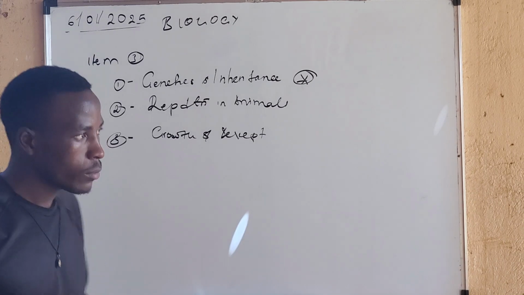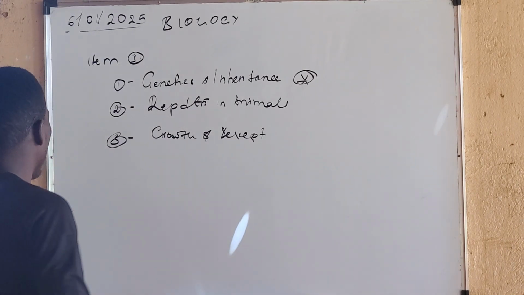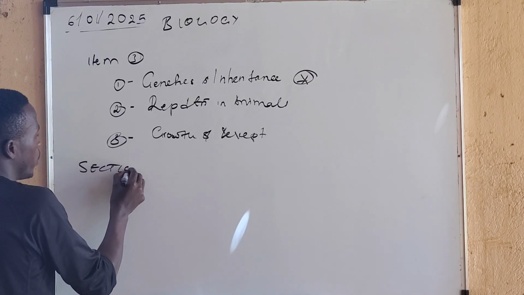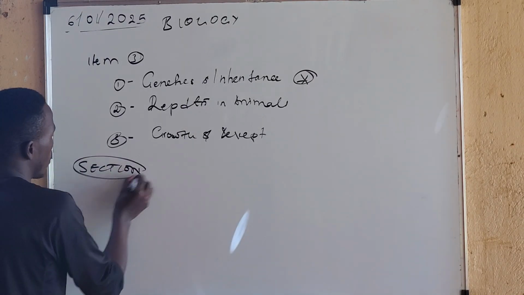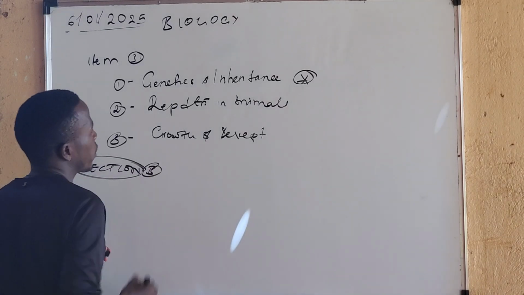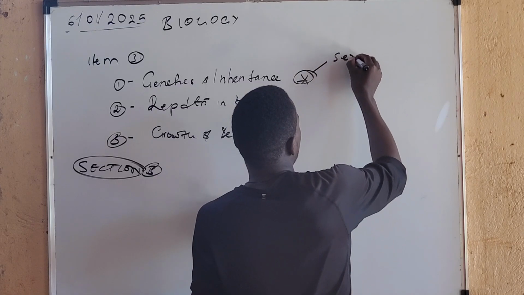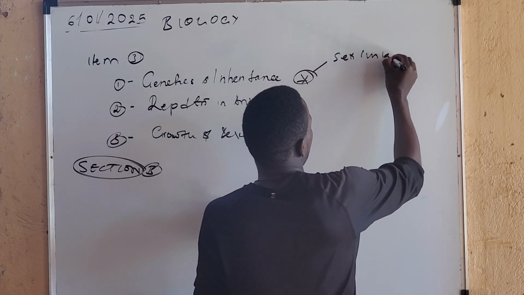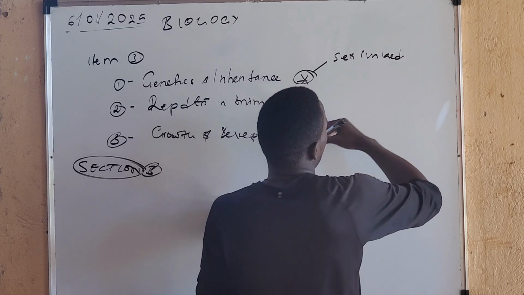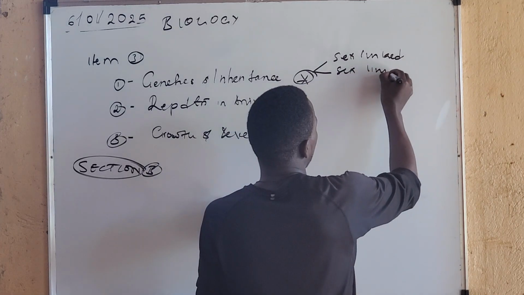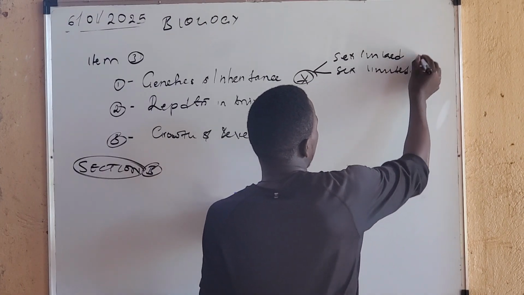Then item number 4. Now we have entered section B. In fact, before we go to section B, under genetics, you must be aware of sex-linked and sex-limited genes.